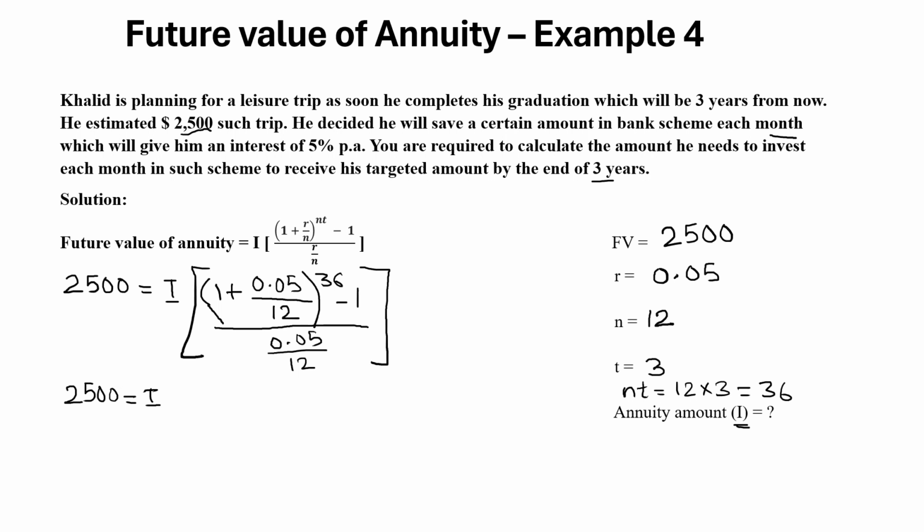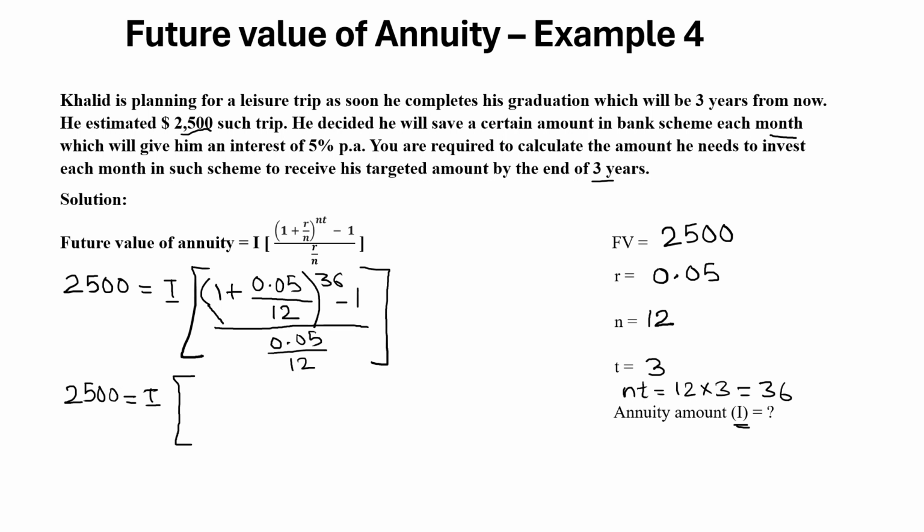Now first calculate what is given on the top. Take your calculator. Start bracket 1 plus 0.05 divide by 12. Close the bracket. Press power of 36 minus 1. You will get the answer.